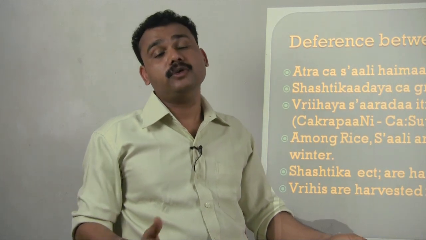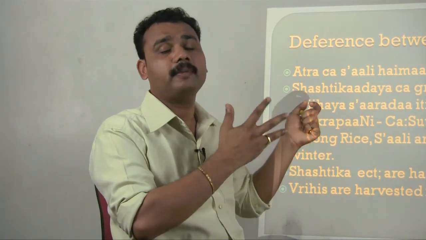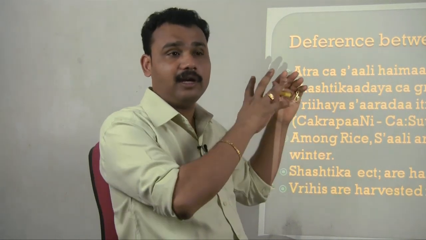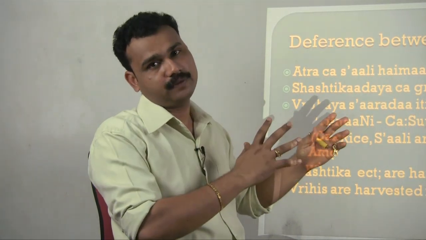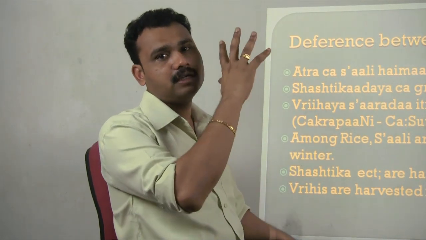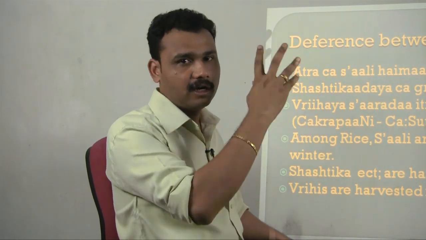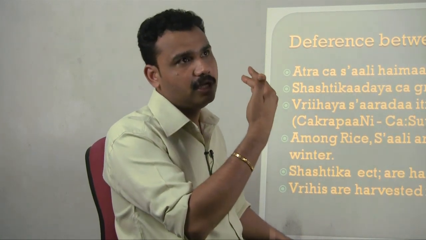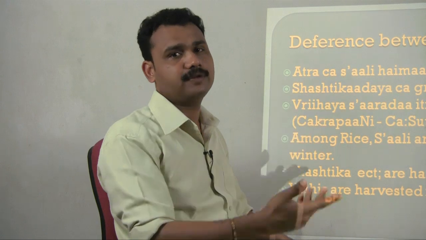By the time of Vagbhata, even by the time of Charaka Samhita, they could already list the best varieties harvested in Sharat, in autumn, and the best varieties harvested in winter.